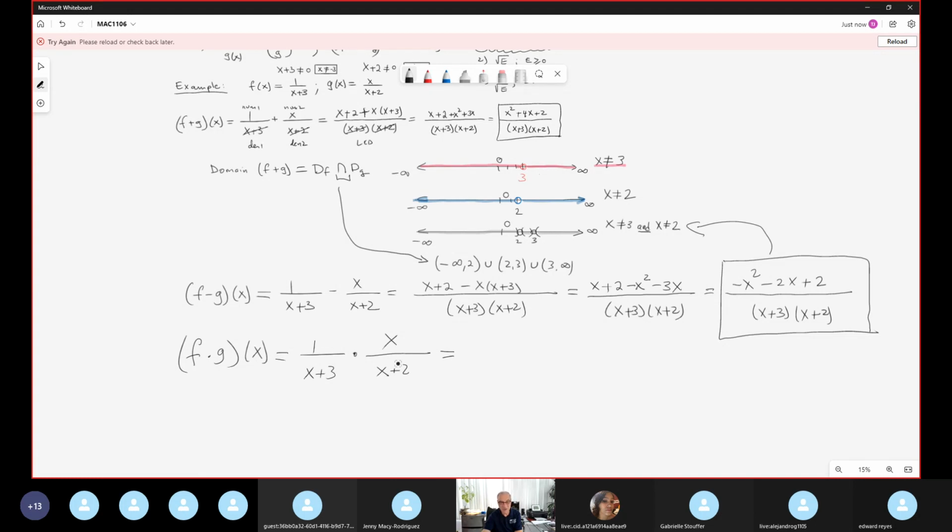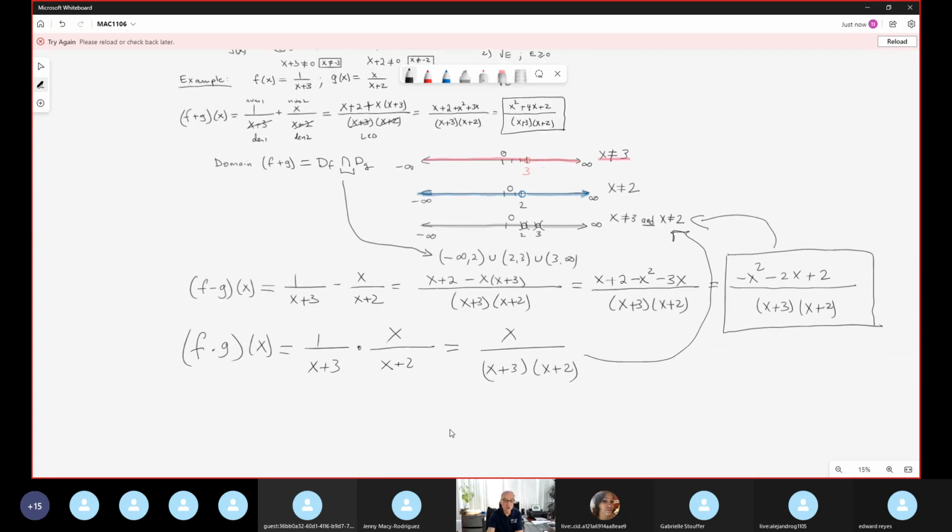You don't need to find the LCD. No, no, no. You multiply top times top, bottom times bottom, so we get x over (x plus 3)(x plus 2). Right? Now, the domain is the same, for the same reason.